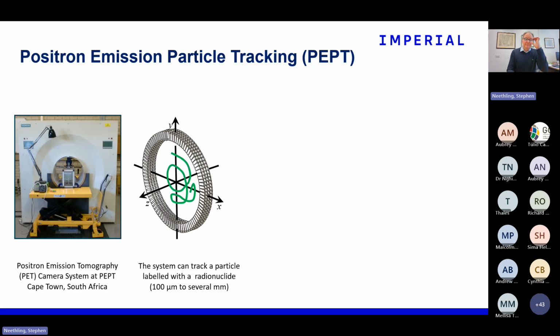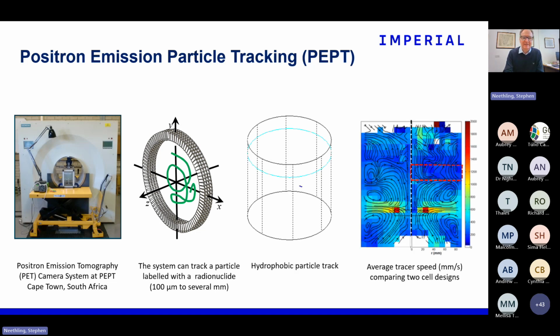So as I said, with PEPT you're tracking the motion of a single particle in an otherwise normal flotation system, admittedly a normal lab scale flotation system. So you can see the middle one here shows the tracks of the individual particles.